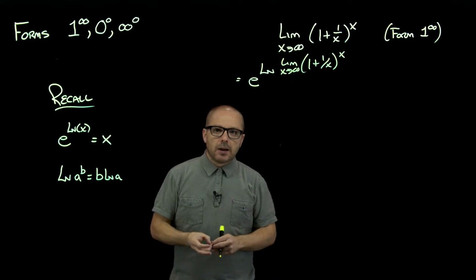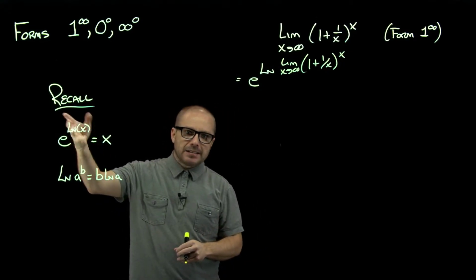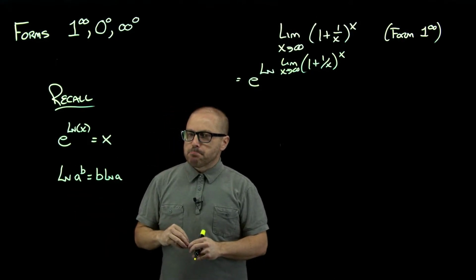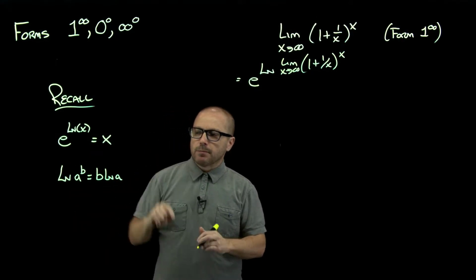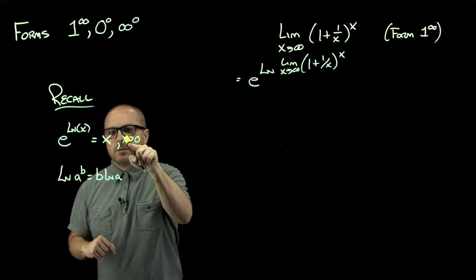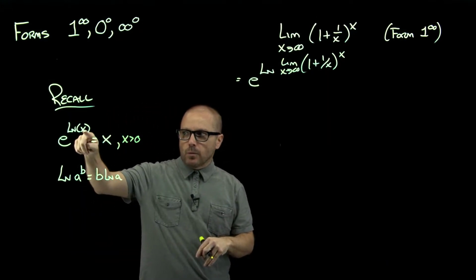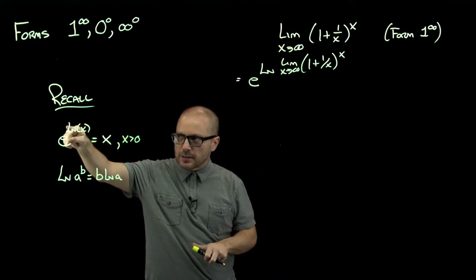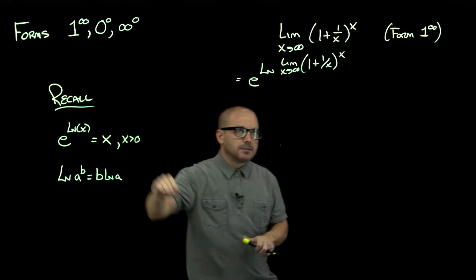We have to be a little bit careful. Obviously, it has to be defined. Right? Natural log of x is only defined for positive x's, so maybe let's just remind ourselves of that right here. We're talking about when x is defined. If x is -2, then this isn't even defined, so they don't cancel off.